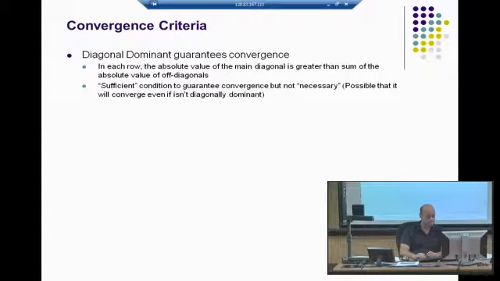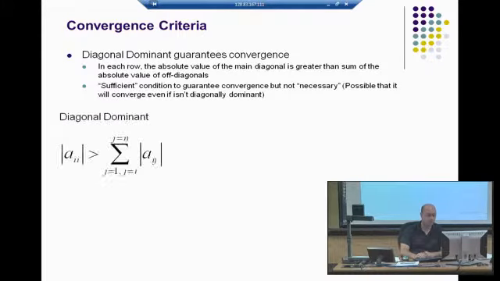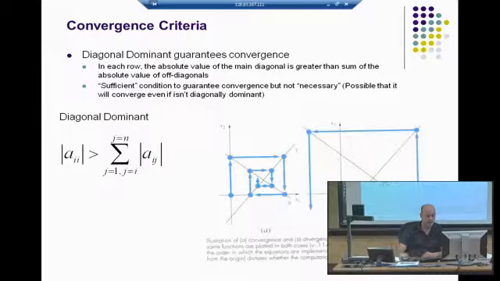If the matrix is diagonally dominant, we talked about what diagonally dominant means earlier, then it's guaranteed to converge. It's possible that it can still converge if it's not diagonally dominant, but you're guaranteed to converge if it is. And remember, we define diagonal dominance in this way. The picture over here on the right shows examples.